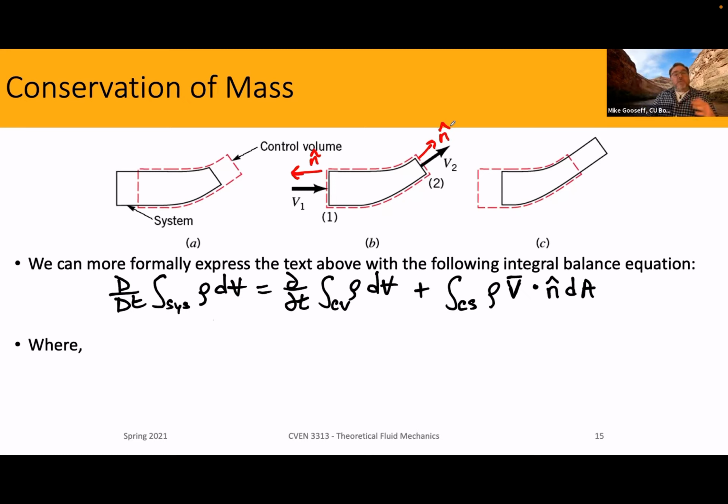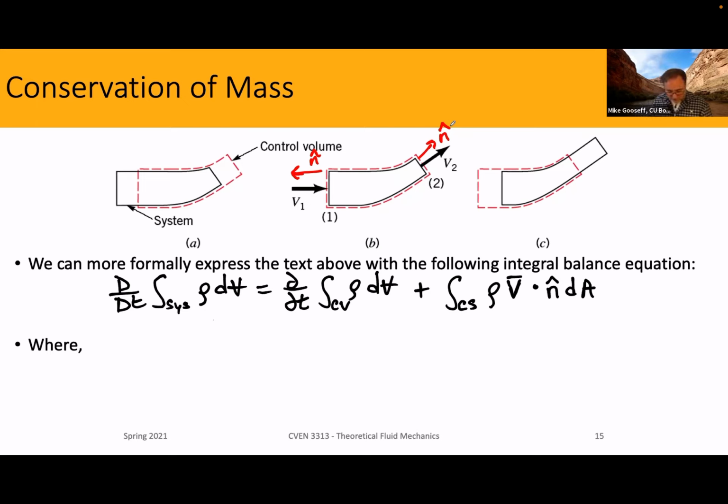So on the upstream side, where we have the inflow coming into our control volume across our control surface, we have n hat working in the opposite direction as the velocity. Okay, but on the other side, on the outflow side, you can see that the two of them are going in the same direction. And this is part of the reason why on Tuesday I said you're accounting for a negative here for the stuff that comes in. This is where that comes from.